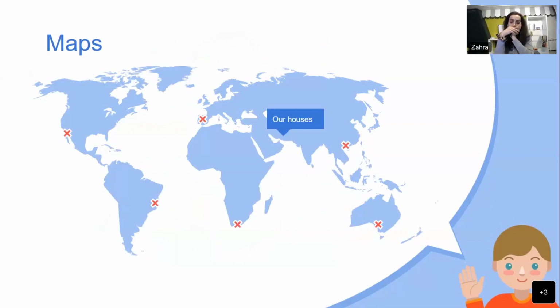Also, what you can do is use different apps online to get them prepared. Maps, it's really helpful. Even for beginners, even for starter level, I usually never ask them to talk about your home or your bedroom.